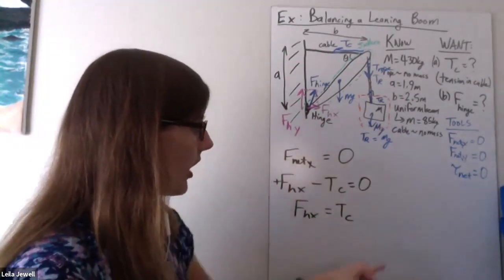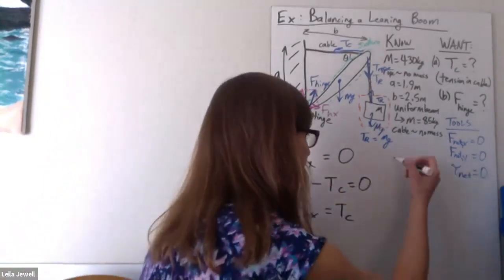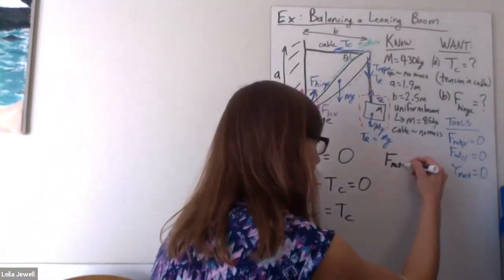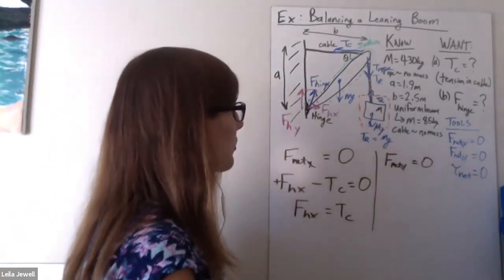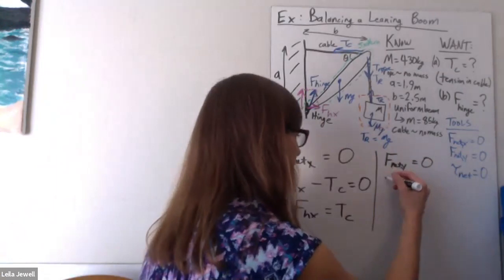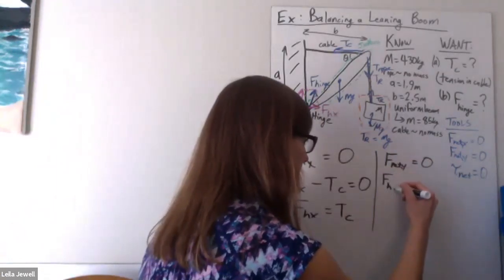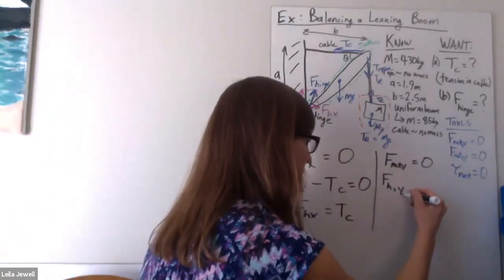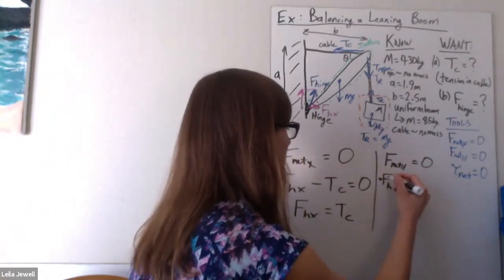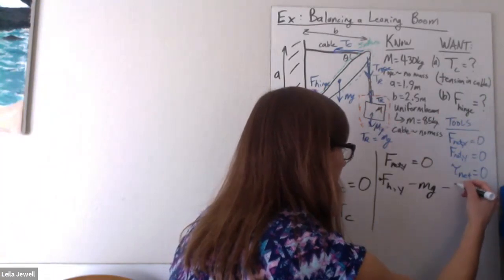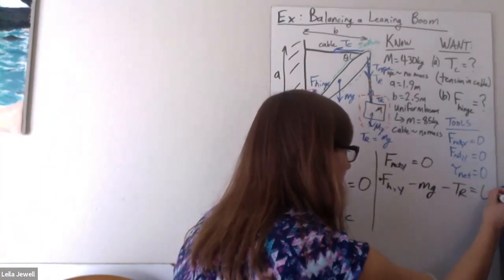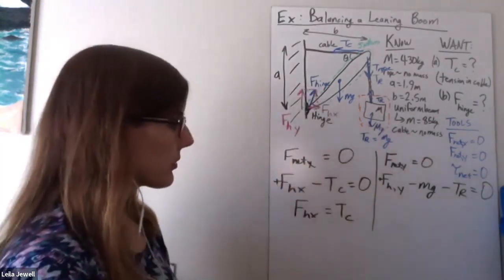Sweet. I'm gonna do the same thing with F net Y. That has to be equal to 0. So we look at the forces in the Y direction. We have the vertical component of the hinge. So F hinge sub Y is in the positive direction, minus little mg and minus T sub R all have to add up to equal 0.